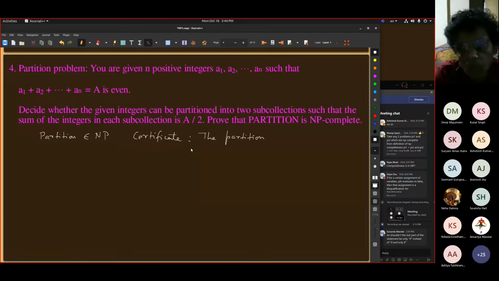If they are equal, yes. And if this instance has a solution, then the certificate is that corresponding partition, or one of the corresponding partitions. So why NP-hard?